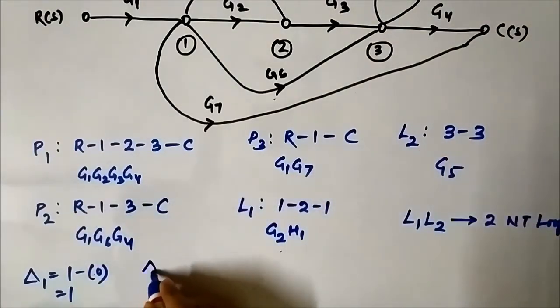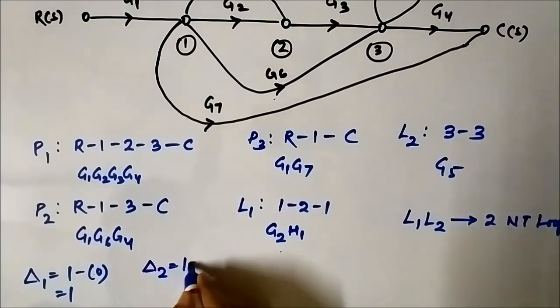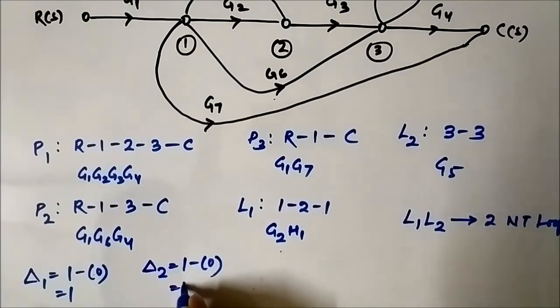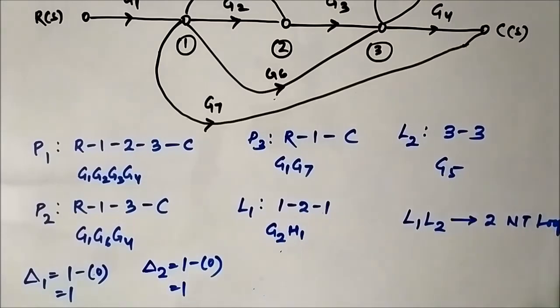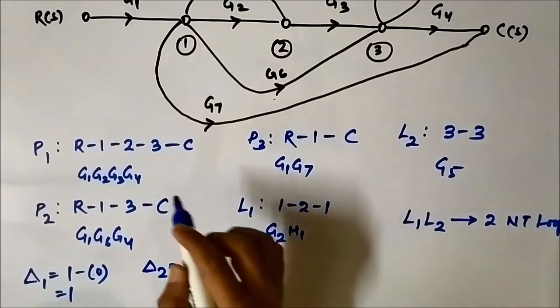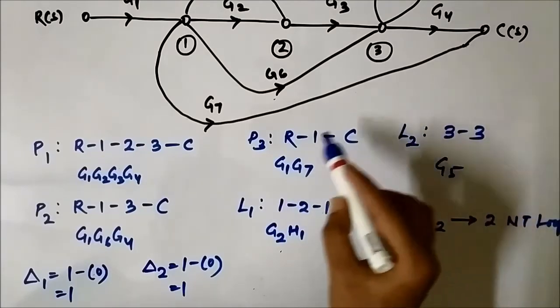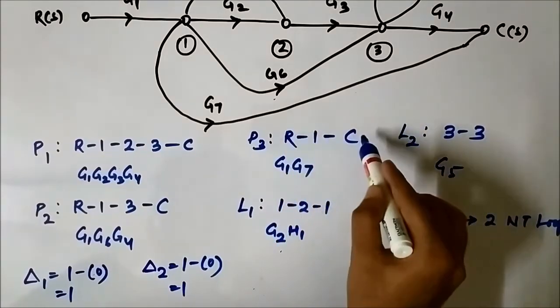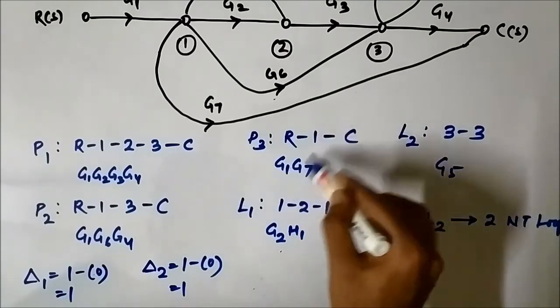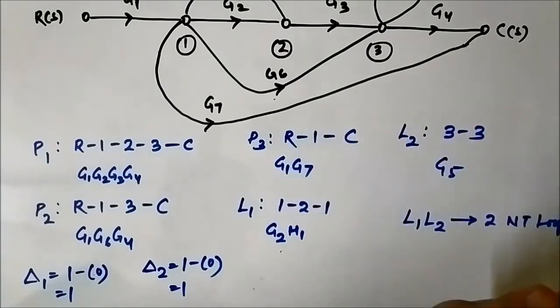So here also delta 2 is equal to 1 minus 0 equal to 1, as it is touching all the loops. Next, we have to compare P3 with L1 and L2. Here it is R1 C, here it is 1 2 1, 1 common node, so P3 is touching L1.